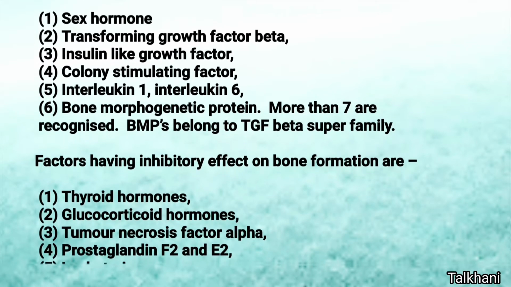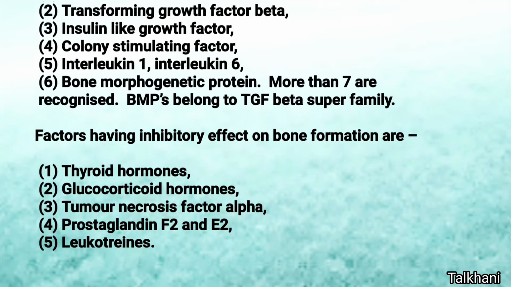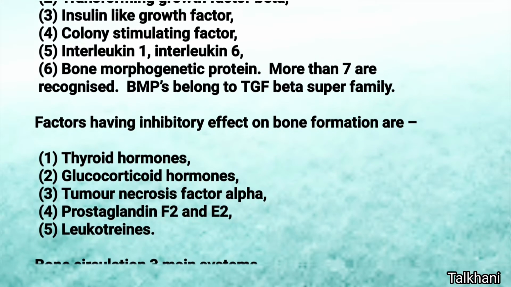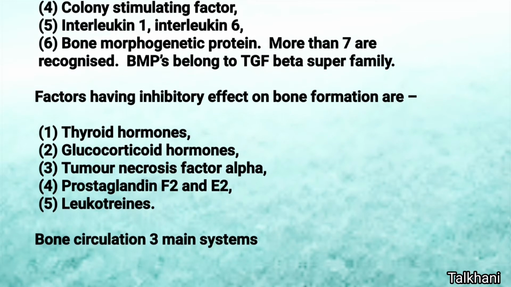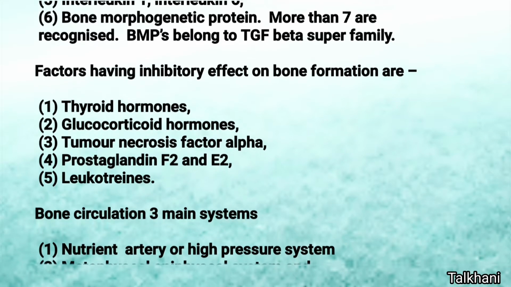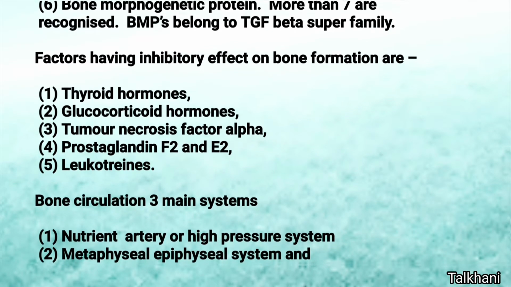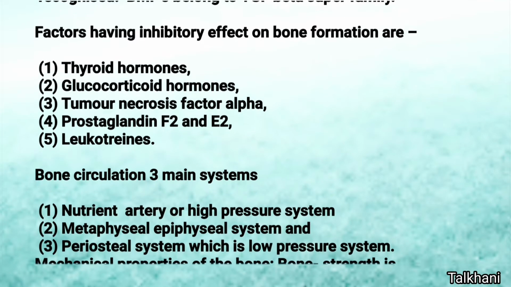In bone circulation, mainly three systems are described. Number 1, nutrient artery with high pressure system. 2, metaphyseal epiphyseal system. And 3, periosteal vascular system, which is low pressure system. What about mechanical properties of the bone? Bone strength is derived from its composite nature of the material.